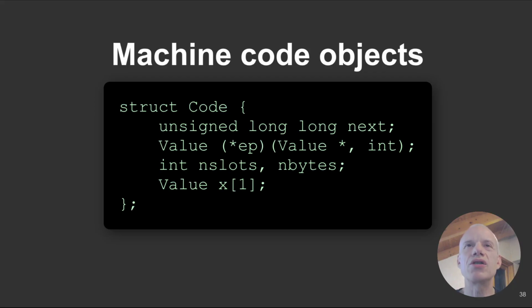But anyway, what you see on the slide is basically the definition of the structure. There is a next pointer, used by the garbage collector. There is a function pointer, EP, that contains a pointer to a function accepting a value pointer and an integer. This is a pointer to the first argument and how many arguments I'm passing in.